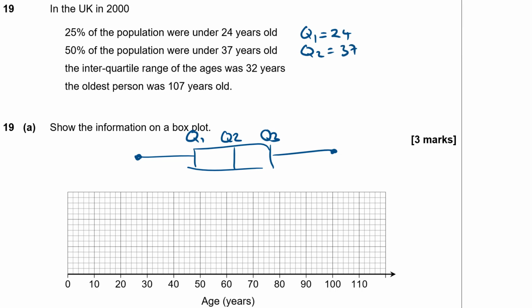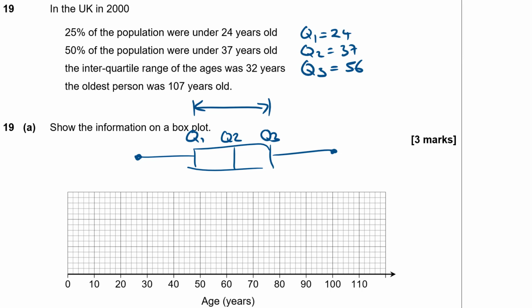That's 37. Now the interquartile range was 32. Now the interquartile range is the distance between the upper and the lower quartile. So we can use our lower quartile 24 and the interquartile range to work out where the upper quartile is. 24 plus 32 gives us 56. So Q3 is at 56.